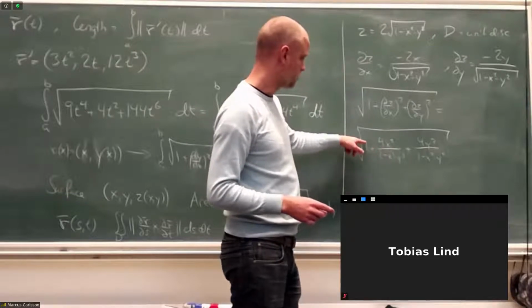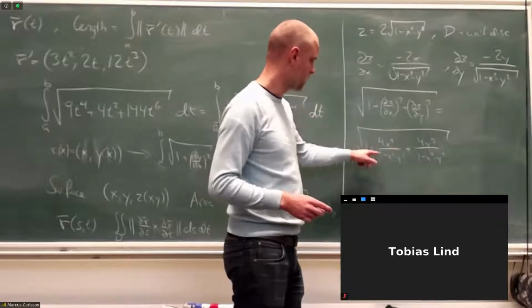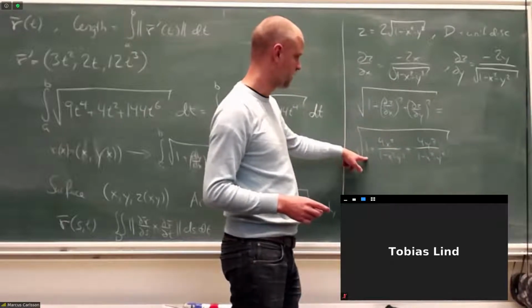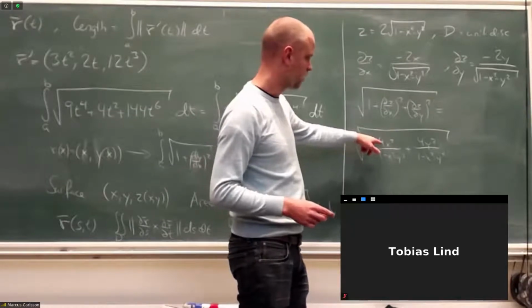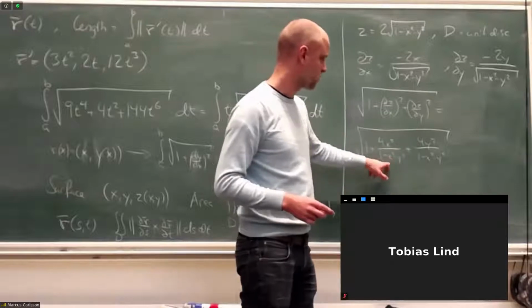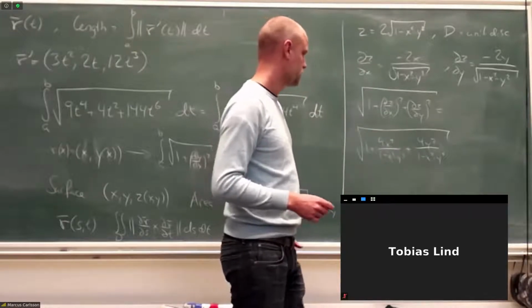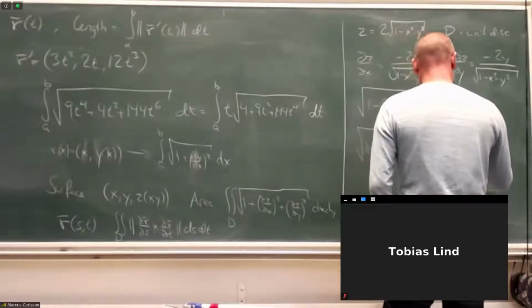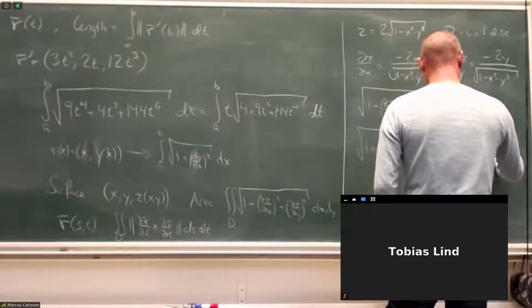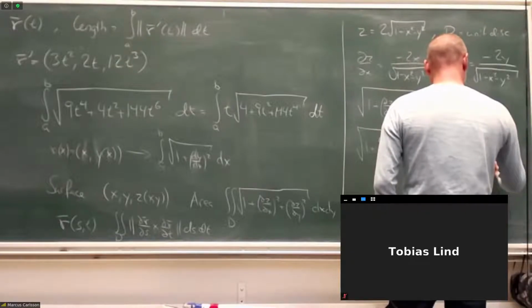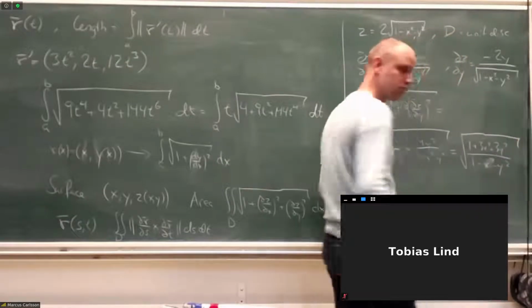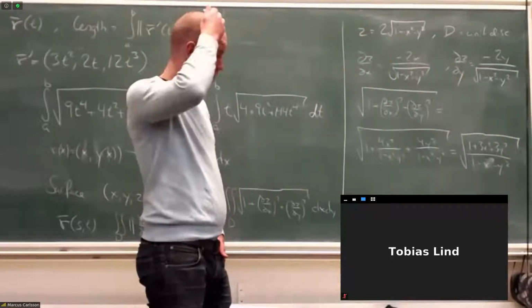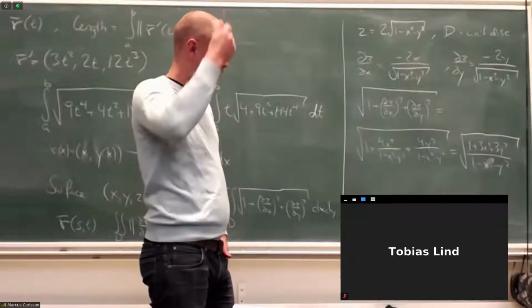Here I can write this with numerator and denominator, right? It's the same denominator in both. So at the end of the day, this is square root of 1 plus 3x squared plus 3y squared divided by 1 minus x squared minus y squared. Okay. So this is what we have to integrate.